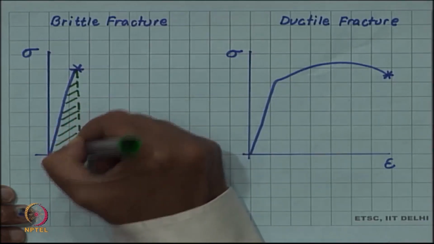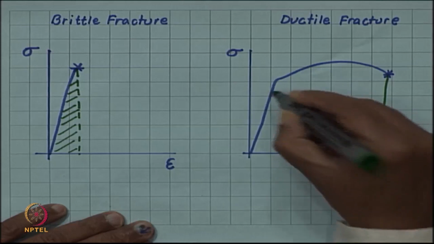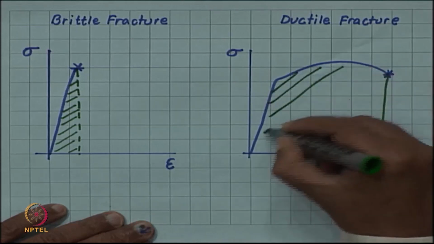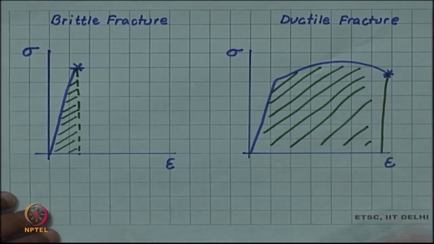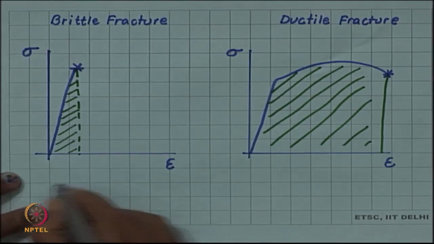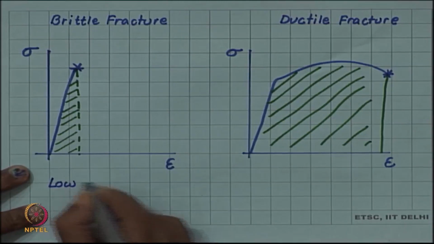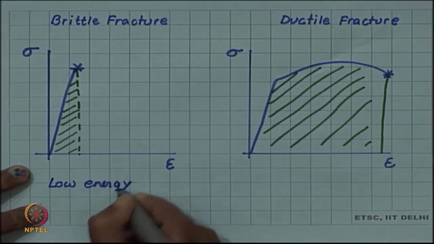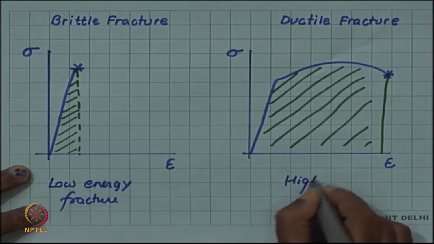Since in brittle fracture this area will be much less compared to that in ductile fracture, the energy absorbed in brittle fracture is very less, whereas the energy absorbed in ductile fracture is much more. So, it is a low energy fracture, we can call it, and this is a high energy fracture.